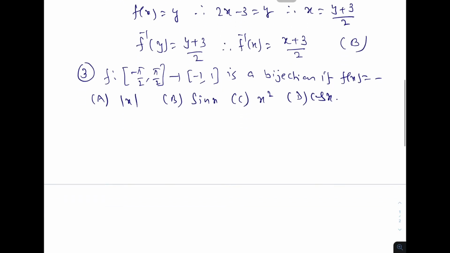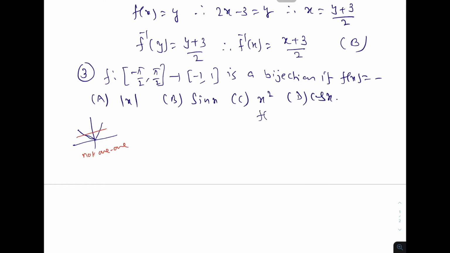Okay, so we know that modulus x is not one-one in any interval having negative and positive values. Modulus x is not one-one, because its graph is like this. So when you draw the horizontal line, it cuts at 2 points, so it's not one-one. Similarly, x square is also not one-one in minus pi by 2 to pi by 2.